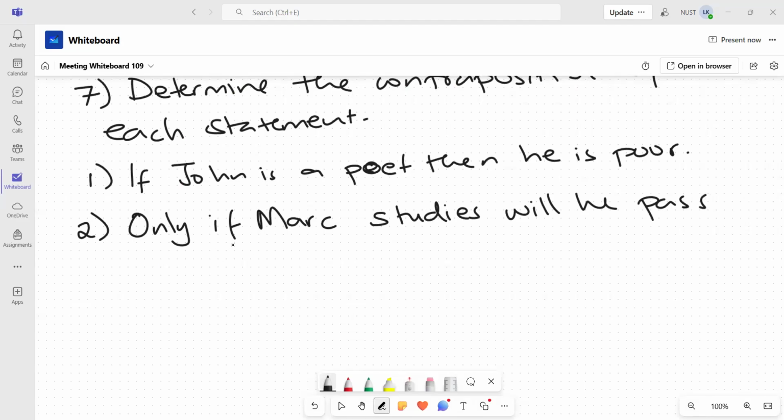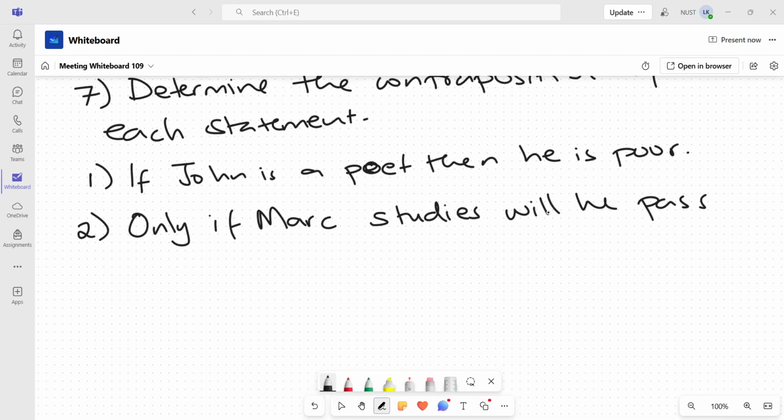Okay, so here it might be a little bit confusing when it starts with only if Mark studies will he pass. This is actually another way of saying if Mark passes the test, then he studied.